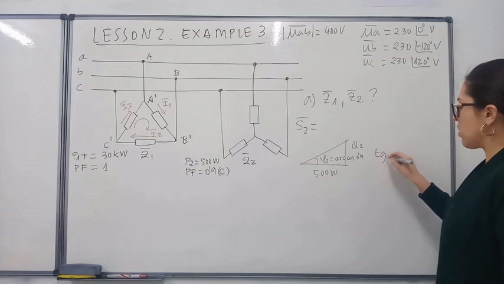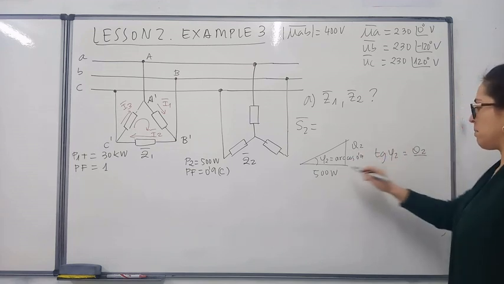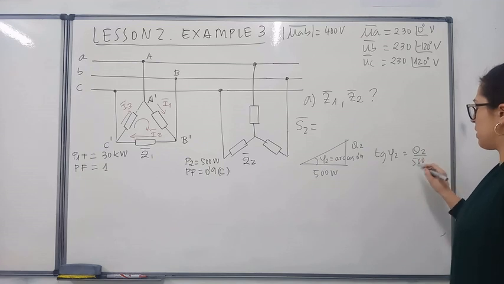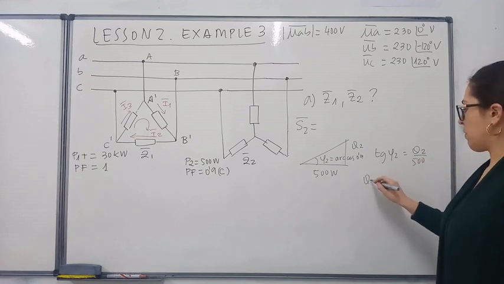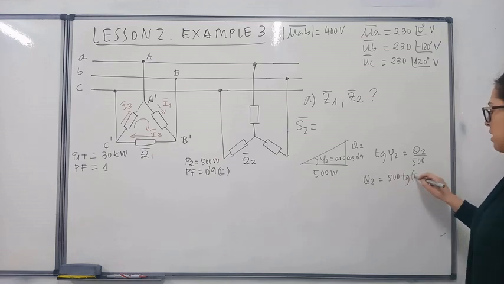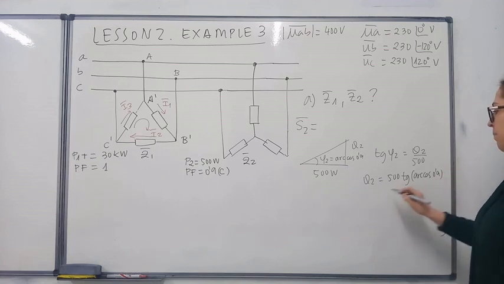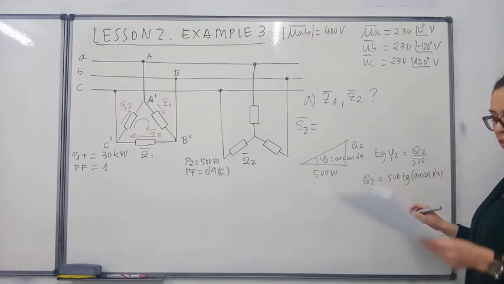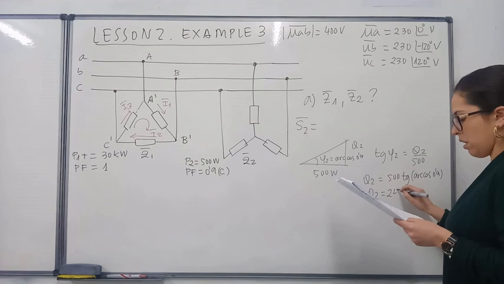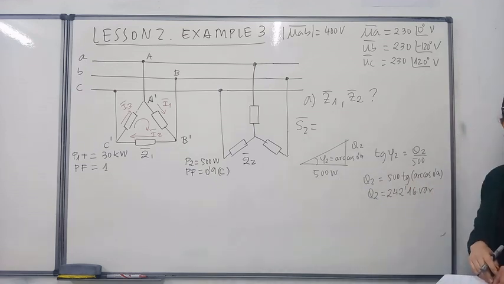The tangent of the angle would be the reactive power divided by 500 watts. So the reactive power would be 500 multiplied by the tangent of the arc cosine of 0.9, which gives a result of 242.16 volt-ampere reactive.